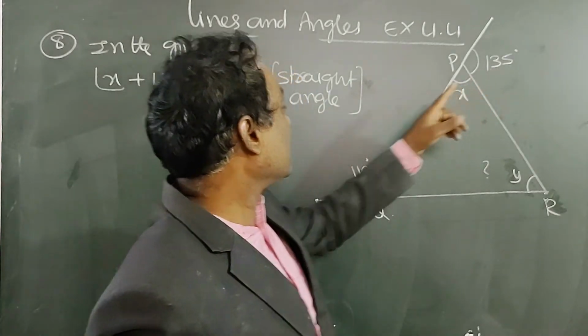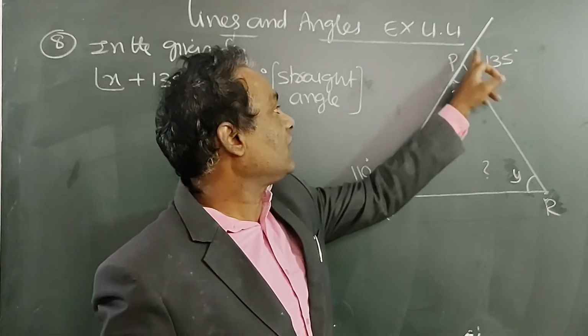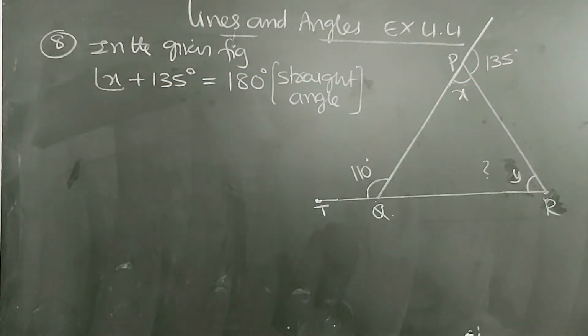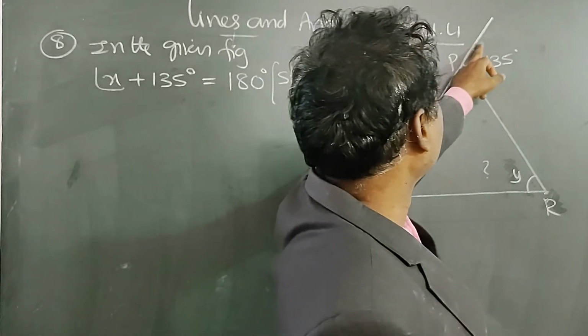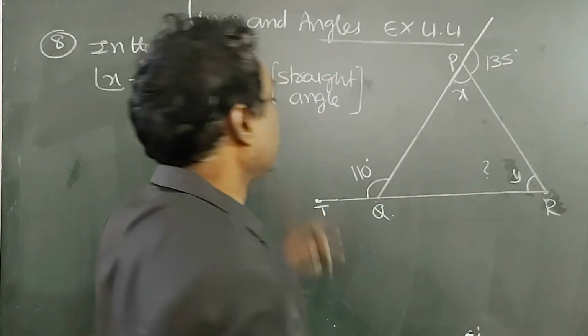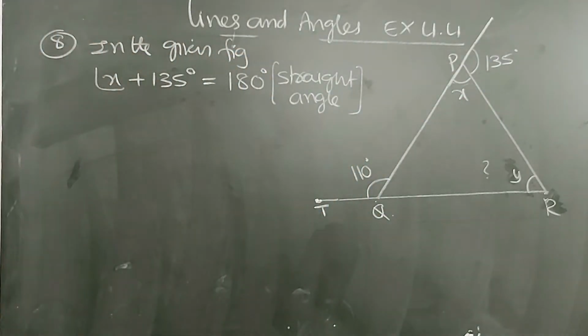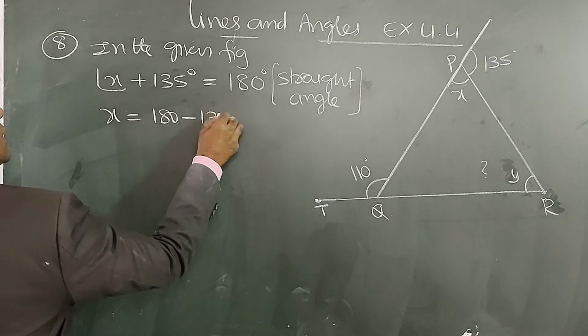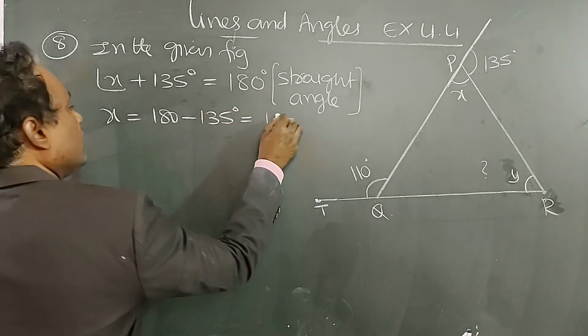Angle x plus 135, the total angle, is equal to 180 degrees. So x is equal to 180 minus 135, which is 45 degrees.